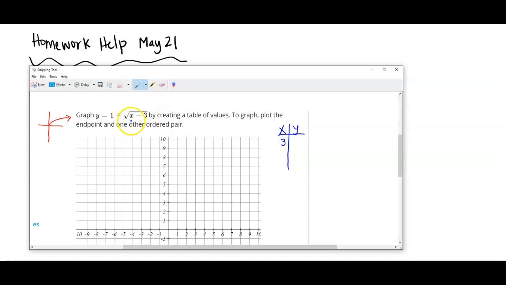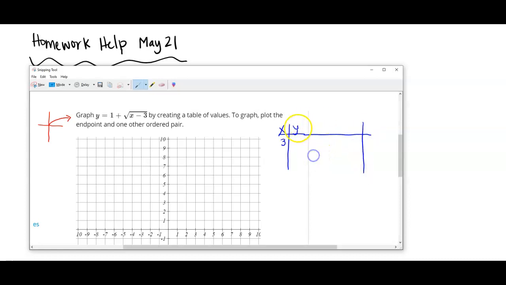I always think you want to start with what would make this whole thing go to 0. So 3 minus 3 gives me 0, so I want to pick 3 as my x. But that's not what I'm going to get for my y, because I have this other part, and maybe I'll extend this out so I can show some work over here.